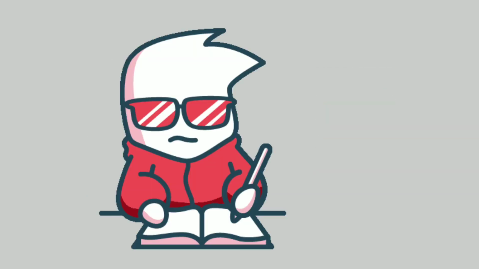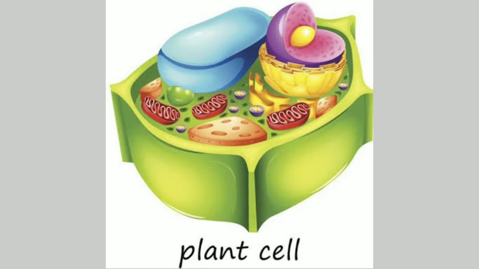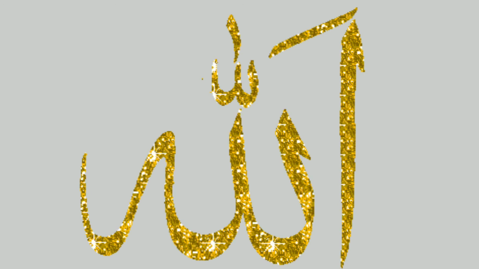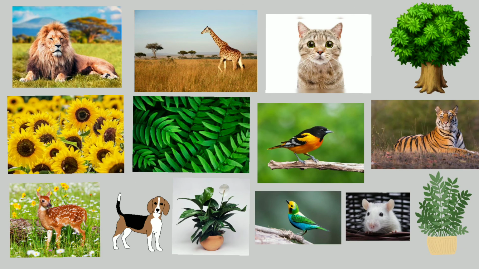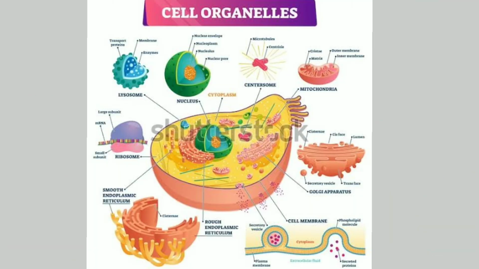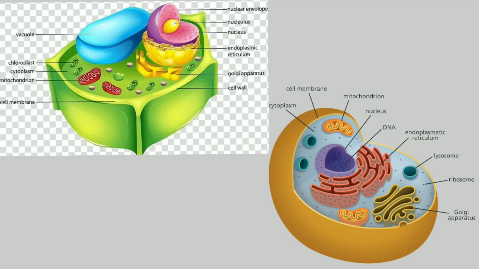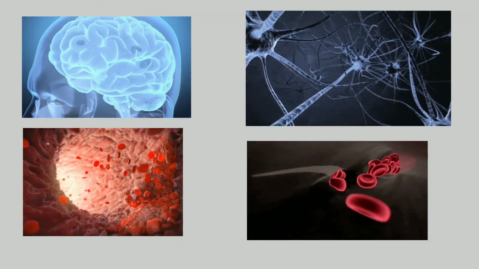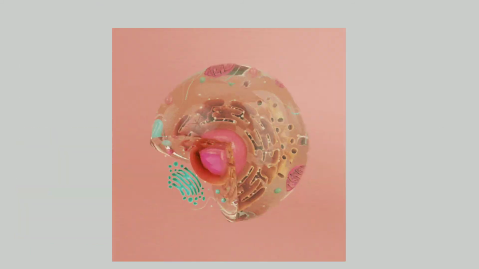Dear students, while studying about plant cell and animal cell, have you observed how Allah subhanahu wa ta'ala has created the cells of every living organism perfectly, that in spite of having minute structure, each part of the cell is performing its duty or function all the time? Isn't it amazing?